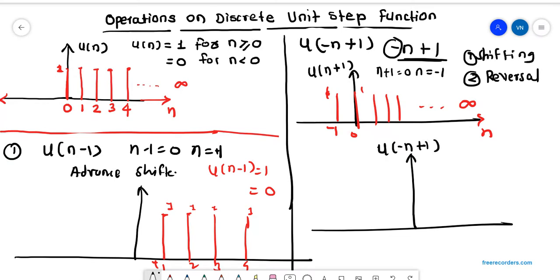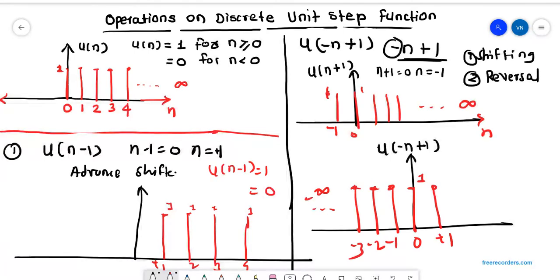Whatever signal is starting from minus 1, we have to reverse that signal totally. We have to write a mirror image of that. It will start from plus 1, 0, minus 1, minus 2, minus 3, like this up to minus infinity, and the amplitude is 1. Means what? First you have to shift the signal as per the value, and then write a time reversal of that. So this is one of the operations.